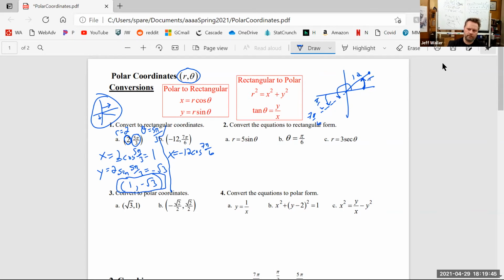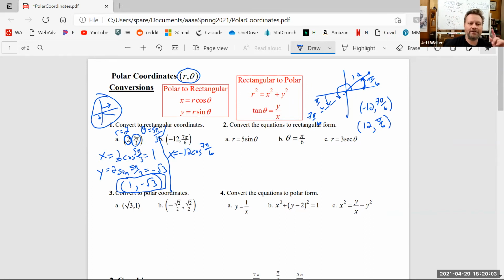Do you guys see that? So if I have the point negative 12, 7 pi over 6, what's another way to reference that point? Positive 12, 5 pi over 6. I really want you to understand this.